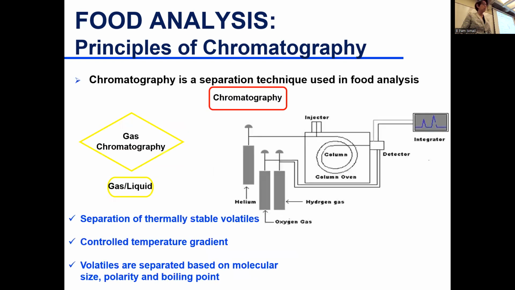You already took 2 lectures on gas chromatography. In previous years, I just give an introduction before Gary gets into his 2 lectures, but this is a refresher. Here we have a system where you have a flame ionization detector. So we need hydrogen and oxygen to generate the flame.